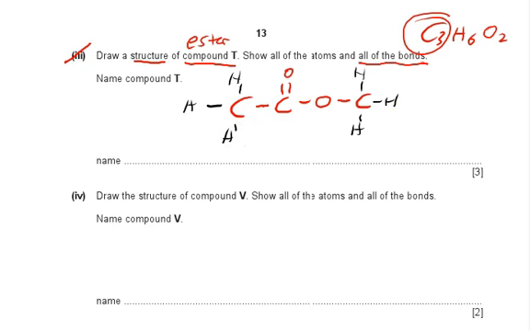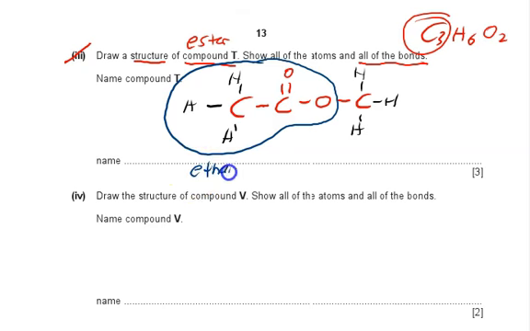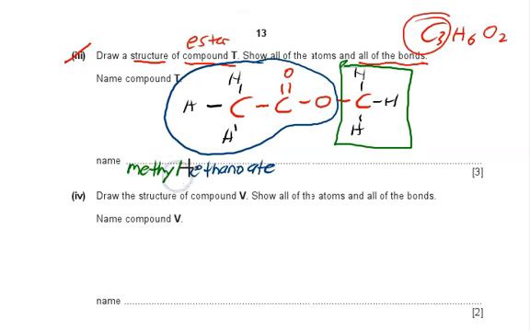Okay, in terms of naming, this section will be under acid. Okay, so this is from ethanoic acid. Okay, ethanoic. So here will be ethanoate, and from the alcohol part, this is 1C, so it's methanol, so we can put here methyl ethanoate.